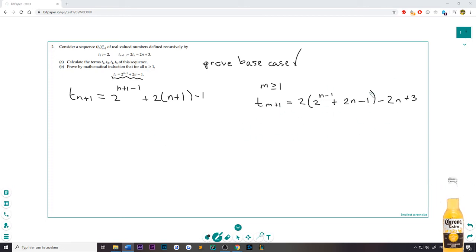Right, and so then what we do is we figure out what this is supposed to be. So also this is an m, not an n. Right, so this gives us 2 to the power 1 times 2 to the power m minus 1 plus 4m minus 2 minus 2m plus 3.